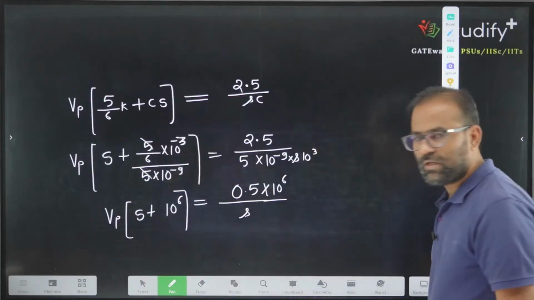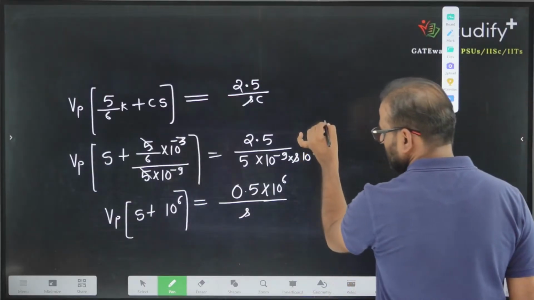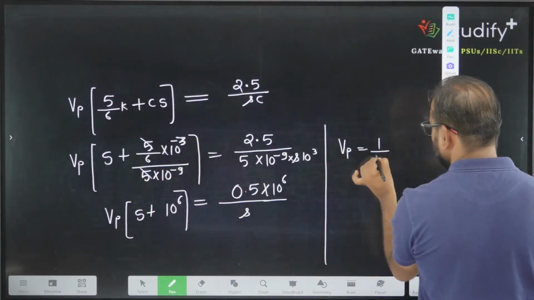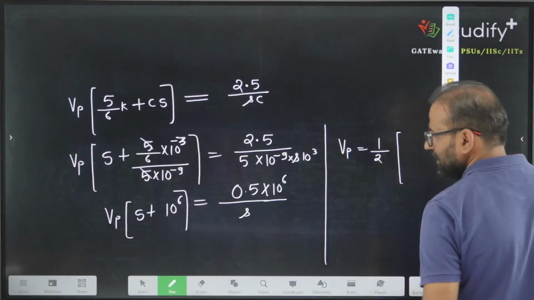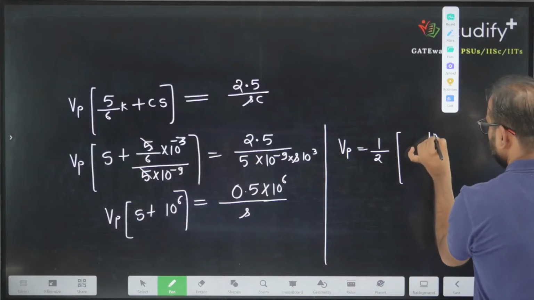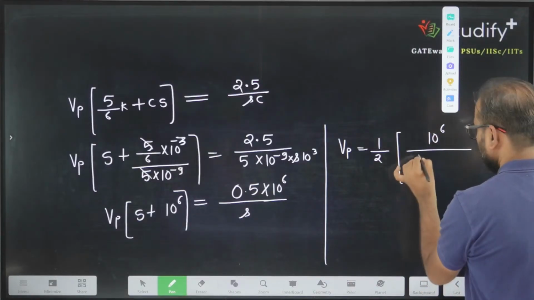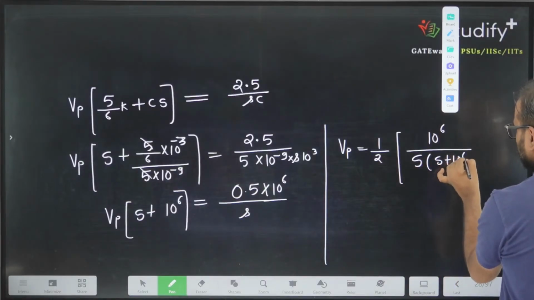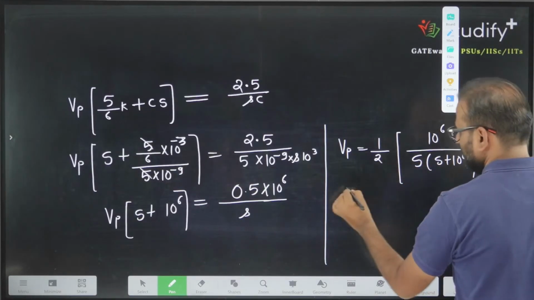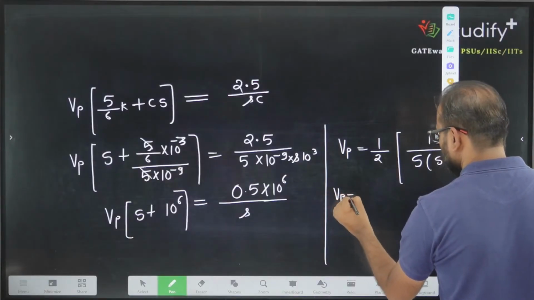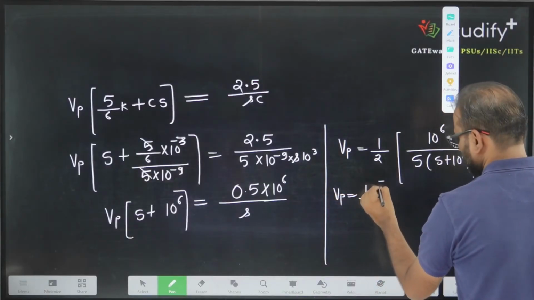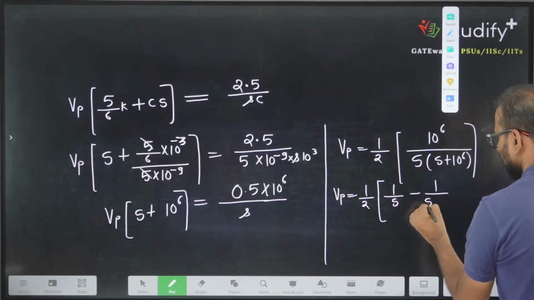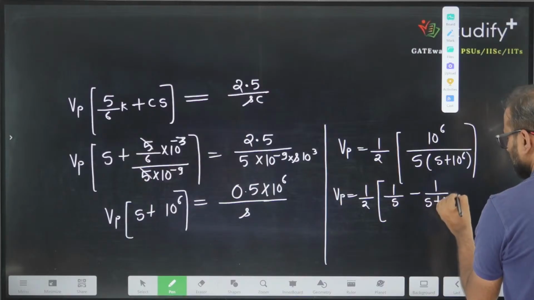S. So when I solve this circuit, how will this circuit look? Vp equal to 1 by 2, this value is 10 raised to the power 6 divided by S into S plus 10 raised to the power 6, which I can draw as Vp equal to 1 by 2, 1 by S minus 1 divided by S plus 10 raised to the power 6.